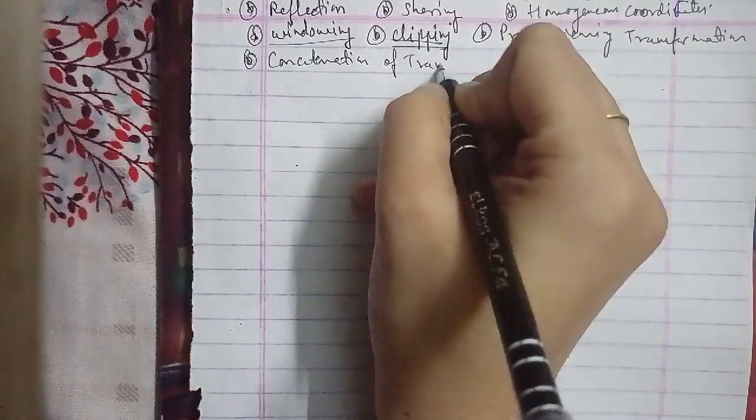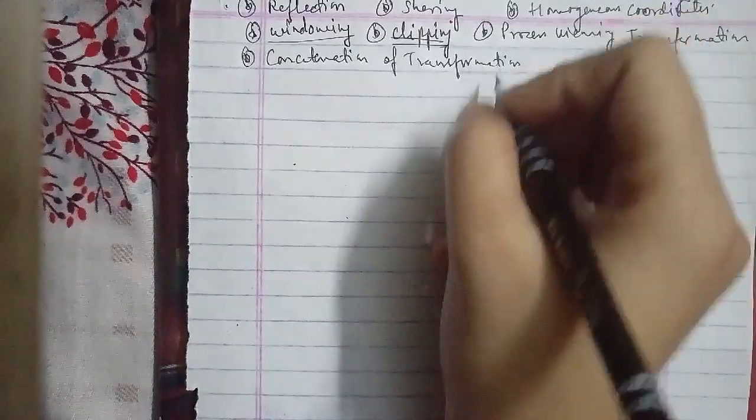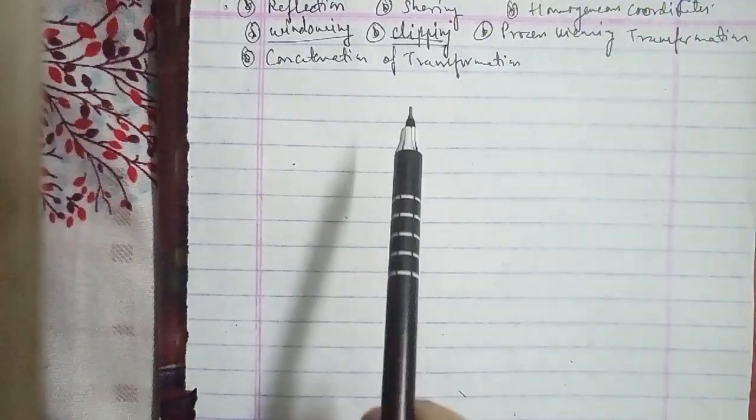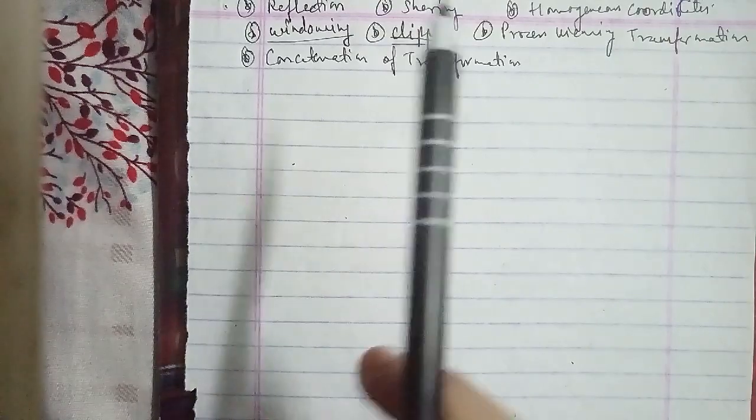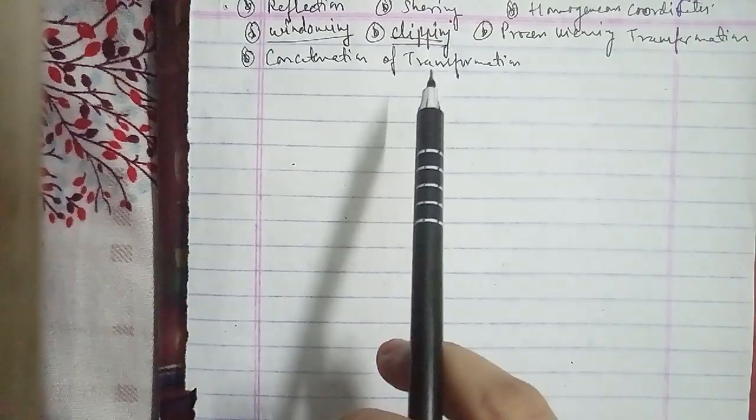Types of line clipping algorithm. Line clipping algorithms are of three types.